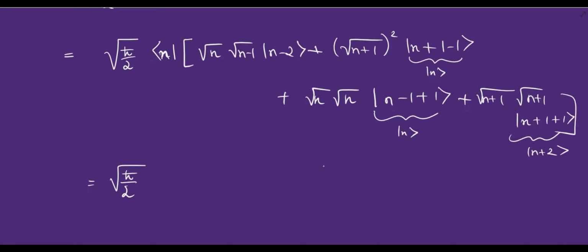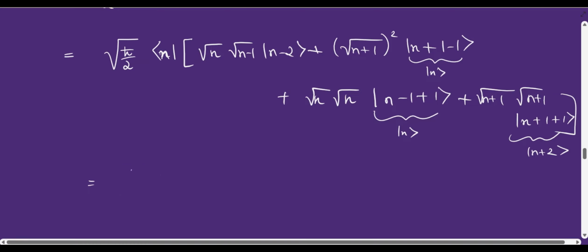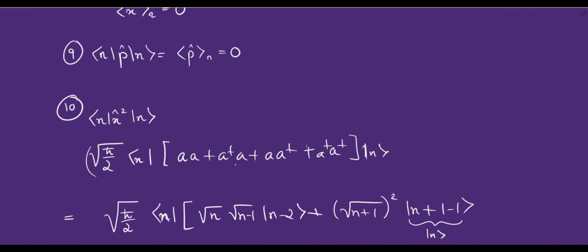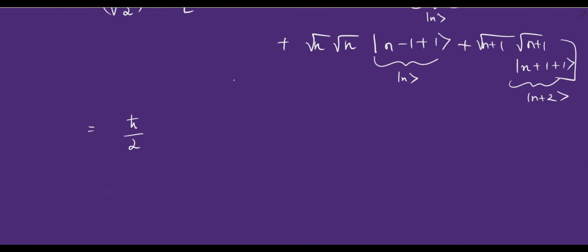So only the second and third terms will survive, and you will get h bar by 2 into n plus 1 plus n.